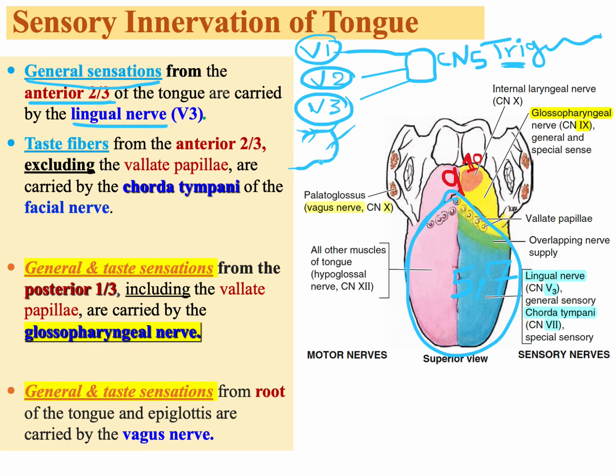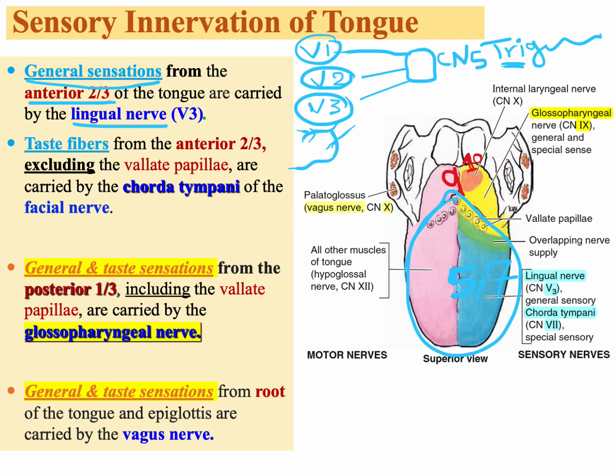This lingual nerve will carry the general sensation from the anterior 2/3 of the tongue. Okay, that's why I mentioned number 5. Okay, that was general sensation.